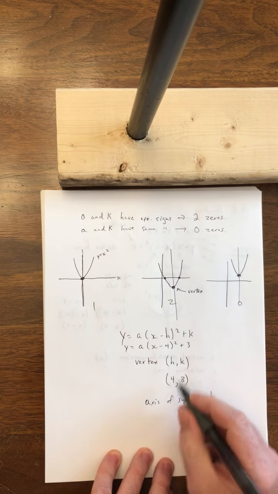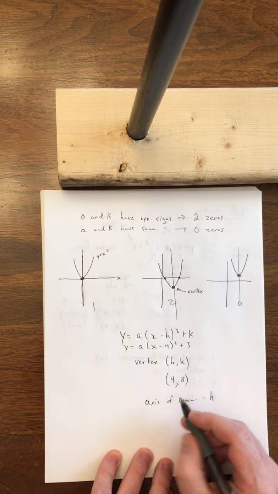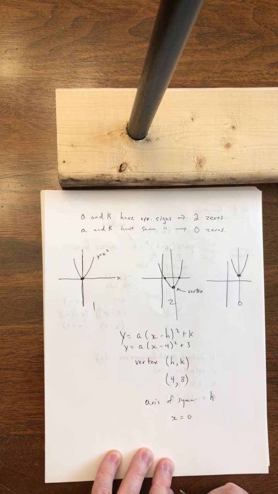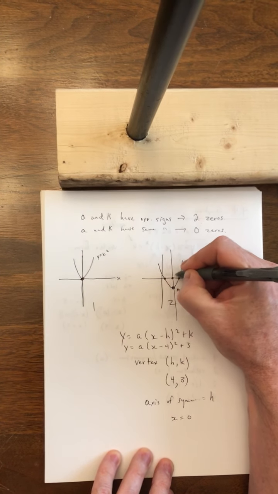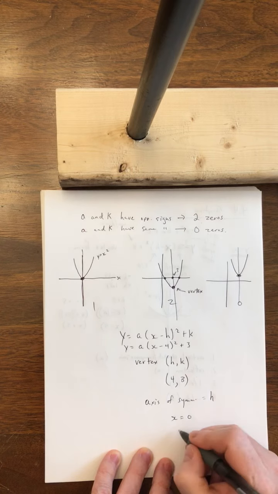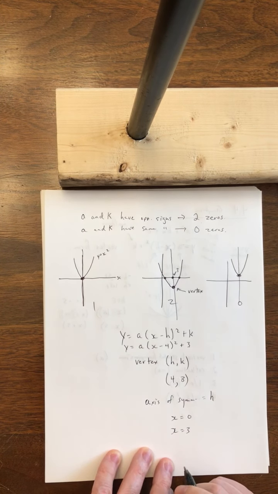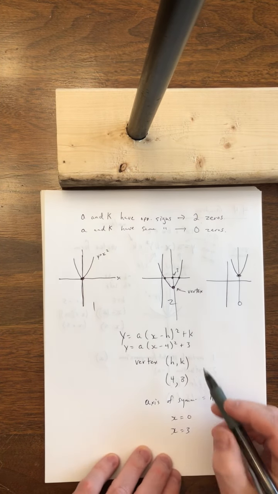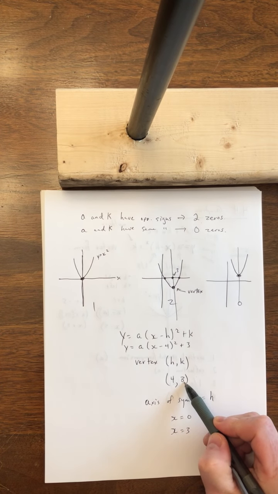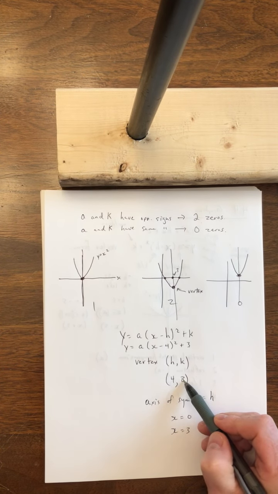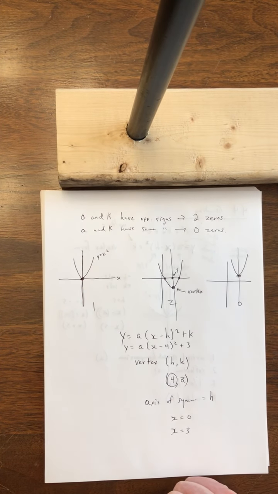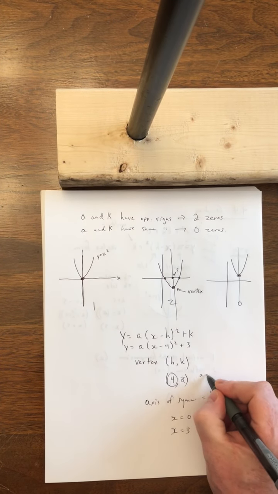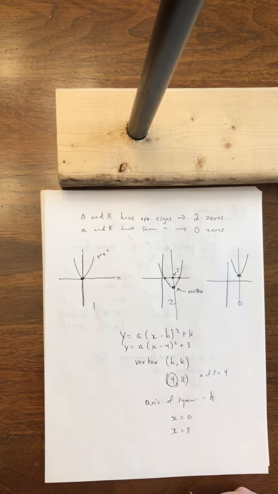So we would say here that in this case, our axis of symmetry passes through 0 on the x-axis. If this here is passing through, let's say this is 3, then that one would be x is equal to 3 for the axis of symmetry. So in this case here, this particular parabola, our axis of symmetry would be 4.